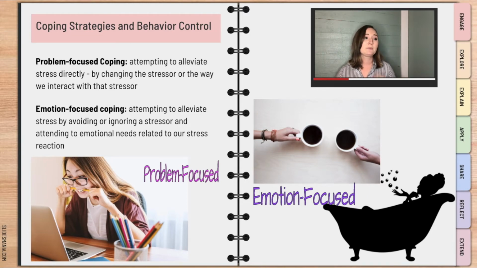Emotion-focused coping is attempting to alleviate stress by avoiding or ignoring a stressor, just setting the stressor aside for a minute and attending to the emotional needs related to the stress reaction. So let's say you're just overwhelmed today and you've got 1,000 pieces of homework. Let's deal with the overwhelmed first. Let's go take a shower or go for a run or write everything down that you've got to do so that you're not feeling overwhelmed by it and it's at least outside of your brain. And then we can deal with the stressor later.